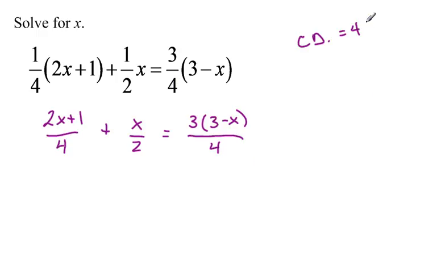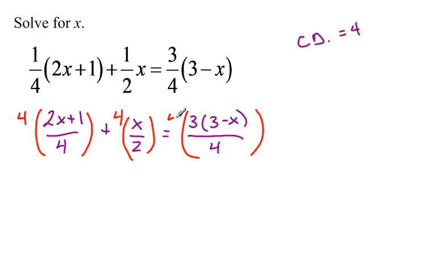Now we just said our common denominator was 4, so I'm going to multiply every one of these by 4. So a 4 there, a 4 out here, and a 4 out here. And I'm ready to do my canceling. So the 4 is completely gone here. This 2 goes into this 4 and leaves a 2, and these 4's completely cancel.